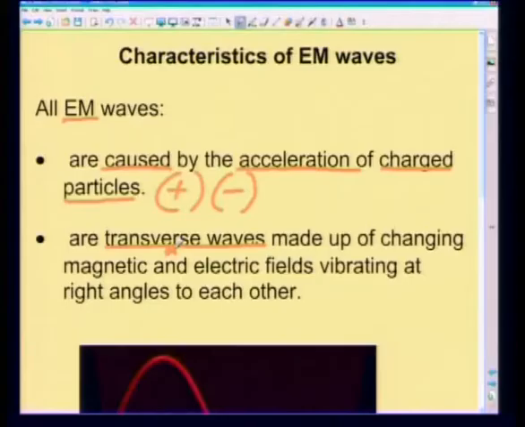But then transverse waves have particles vibrating at right angles to the direction of the wave. If that is the direction of the wave motion, you have got particles moving at a right angle to the direction of the wave.